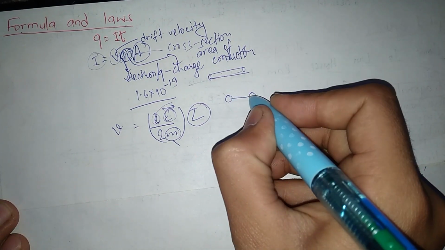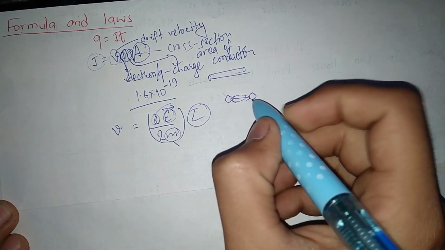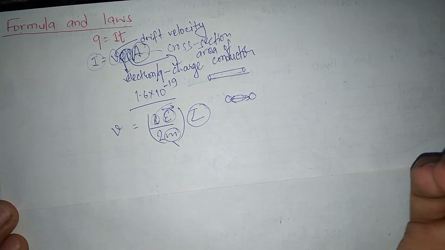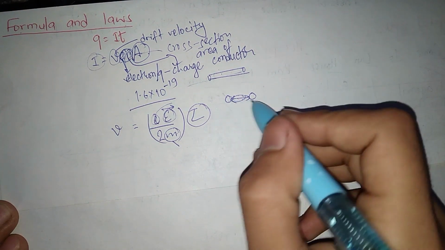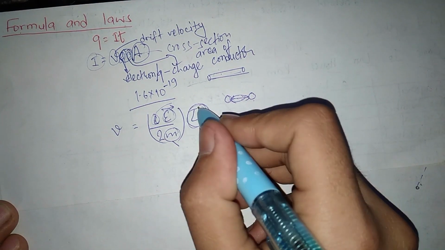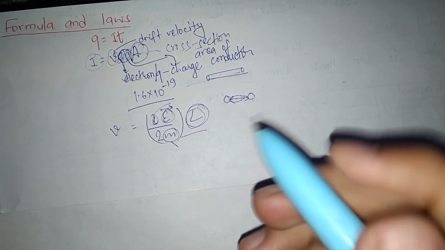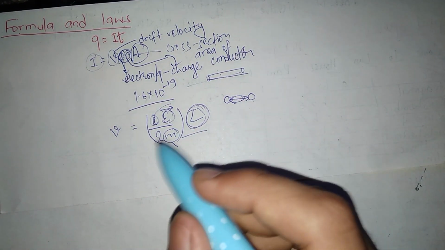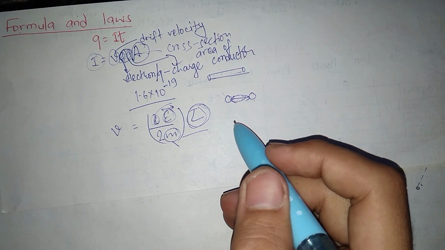We know that electrons collide with each other, and the time that has passed after the most recent collision is tau. We do not need it in depth. These are the three formulas.